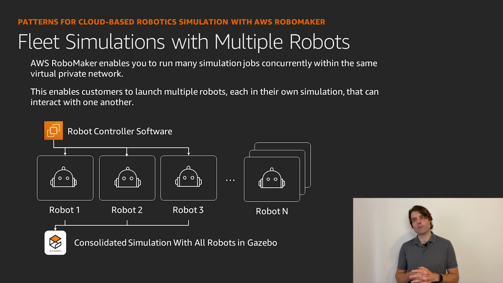In this architecture pattern, we connect multiple simulation jobs, each running their own robot, to a single consolidated fleet simulation. Now, having access to connect simulation jobs to external applications running within the VPC makes it easy to run controller software or other applications within EC2 or other AWS services and have them communicate with your fleet.